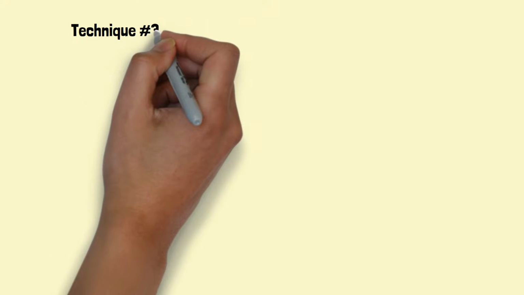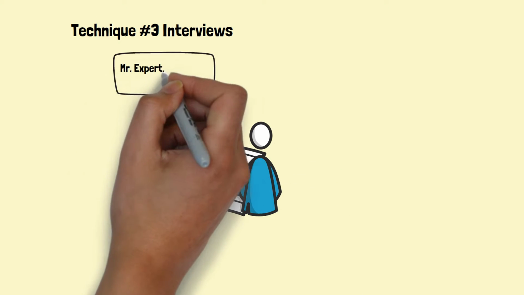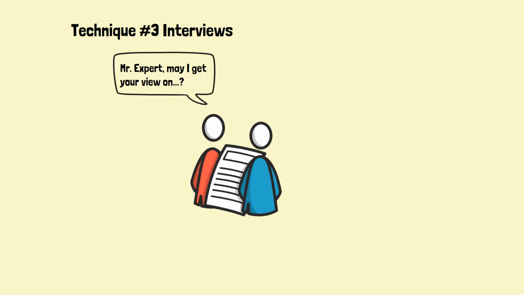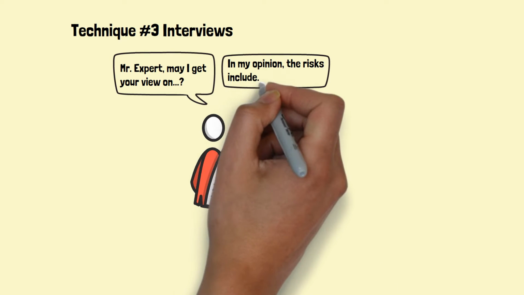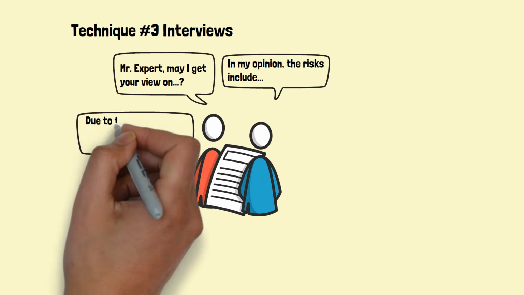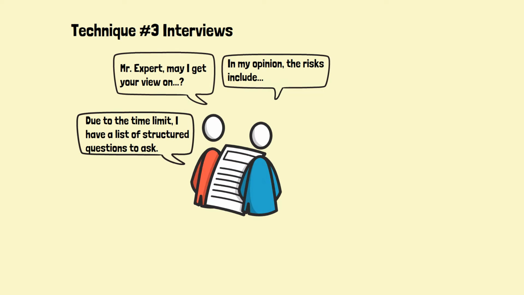Technique number 3. Interviews. Interviews with experts and project personnel are conducted on a one-to-one basis. Their opinions on risks affecting a project are captured during the interviews. Due to the time limitation, the questions must be properly structured in order to effectively gather the required information.